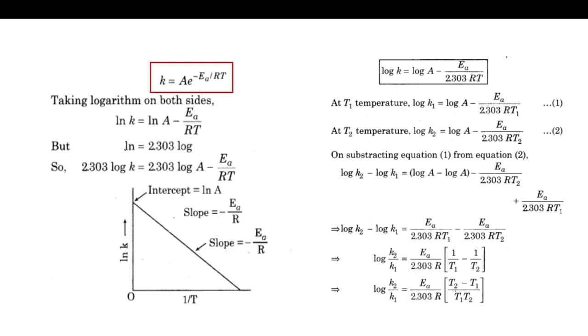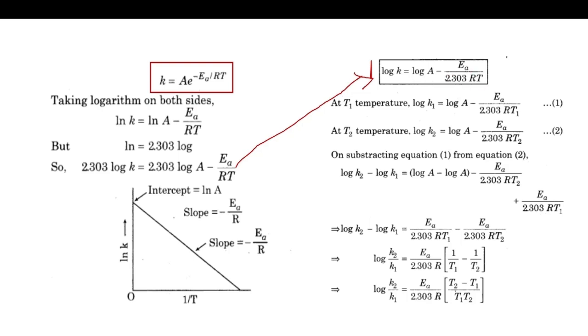So if we want to convert ln to log, we have to multiply by 2.303. Doing so, we get 2.303 log k equal to 2.303 log A minus Ea by RT. And finally, this will lead us to this equation.